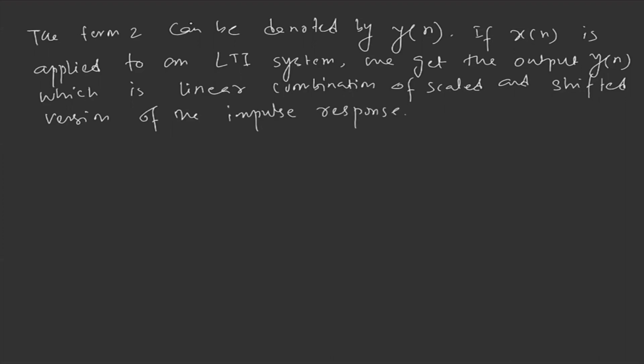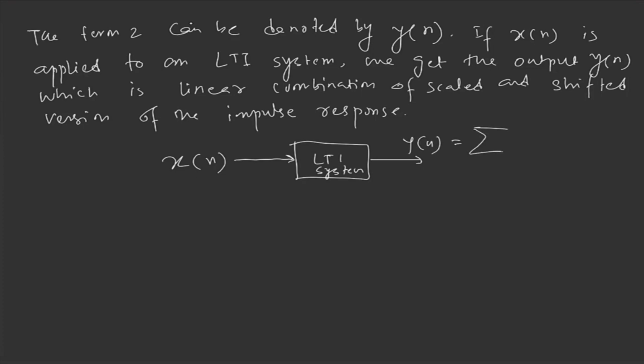So you can write, if you're having x n, which is a scaled and shifted version of impulses, and if you apply it to an LTI system, we have y n equal to the sum from k equal to minus infinity to k equal to infinity of x k h n minus k.